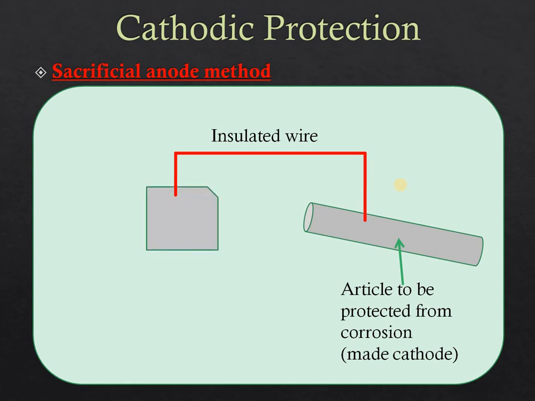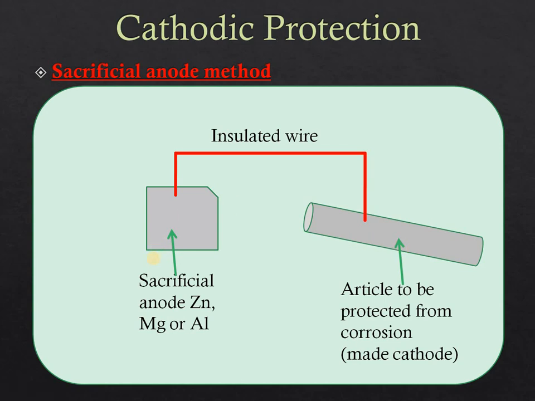The metal used as the anode will be zinc, magnesium or aluminum. As this metal has a higher position in the galvanic series, it will act as the anode, while the pipeline will act as a cathode. Corrosion occurs at the anode while the cathodic metallic structure is prevented from corrosion.